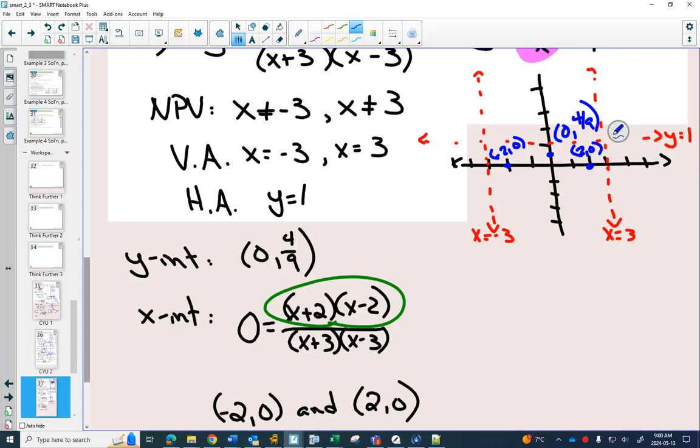And then I'll check my sections. Section 1, I have no points. So I'm definitely going to have to find a point there. Section 2, in between, we can join these points, and it has to go down. And one of the things that you can think about with your x-intercepts that connects to our first unit is multiplicity.